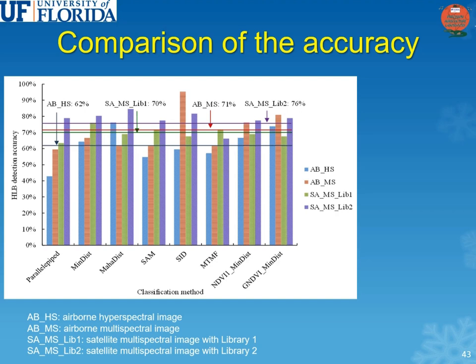So by common sense, we expect the aerial images have higher spectral resolution, and also we expected higher detection accuracy. But in this case, satellite images produced higher detection accuracy.